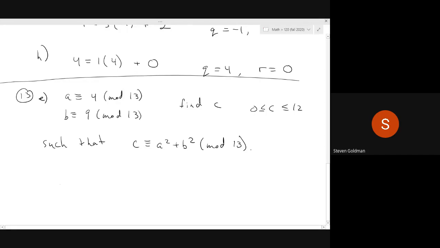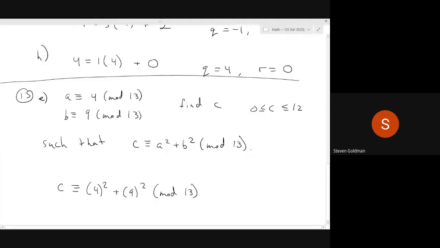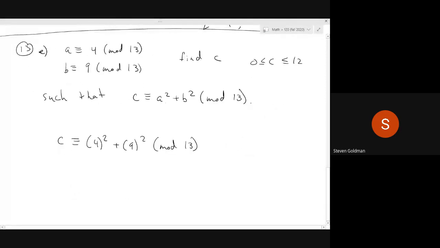If A is congruent to 4, I plug in 4 for A and 9 for B. So C has to be congruent to 4 squared plus 9 squared mod 13. I'm allowed to do this because of the theorem that I can multiply and add congruences with the same modulus, and the congruence will still be true.